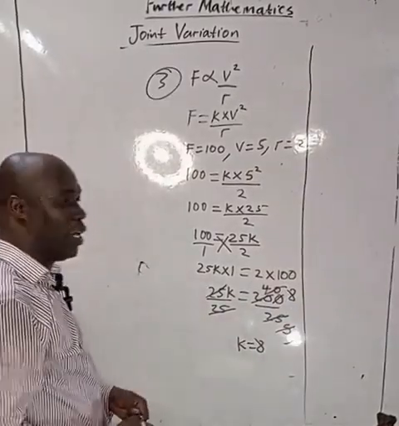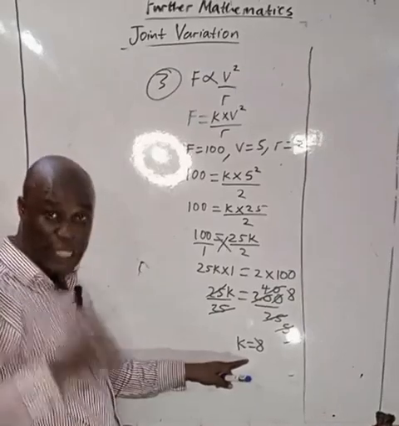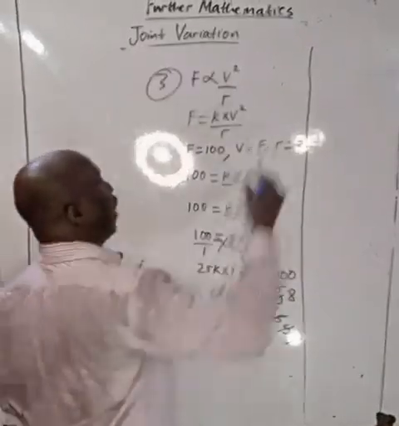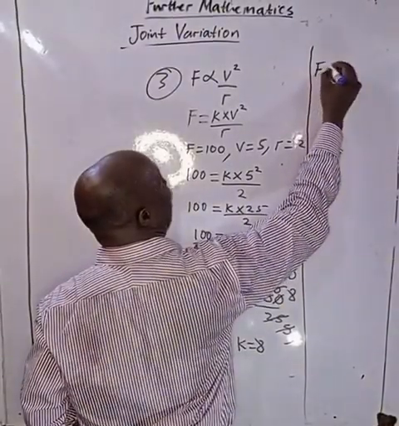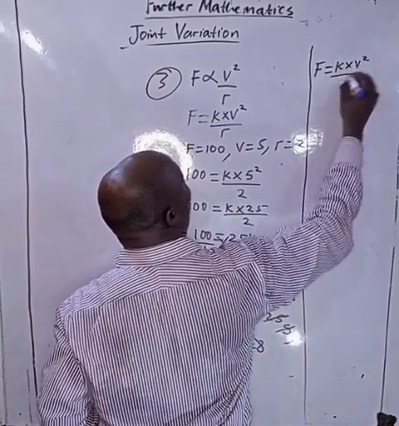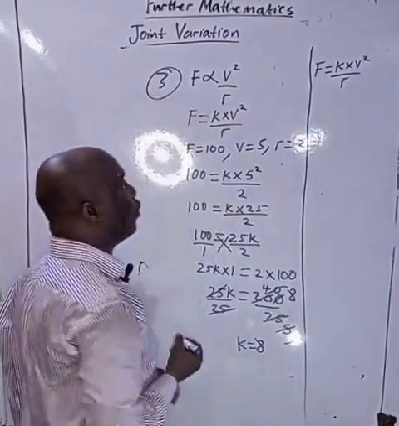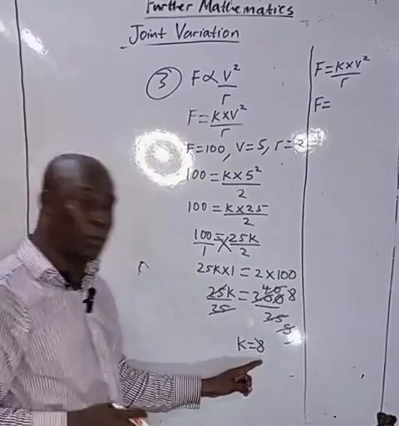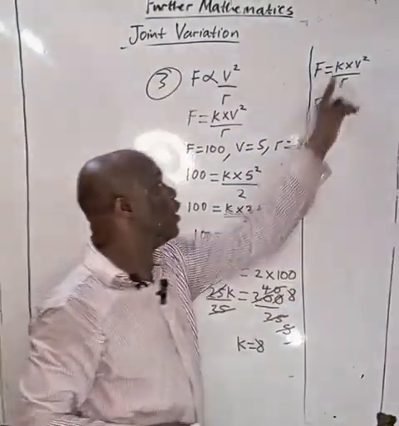What do we need to do? We need to put the value of K, which is 8, into this formula. Don't forget we have F equal to K multiplied by V squared over R. Since we've gotten the value of K to be 8, we put the 8 here.